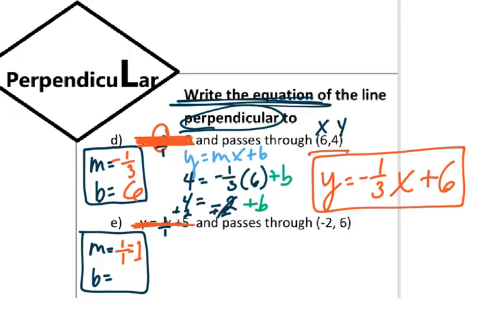I no longer need this. I do, however, need an x and a y. Y equals mx plus b. Nowhere on here does it say b. So we're solving for b. So go ahead and try letter E and see what you get.